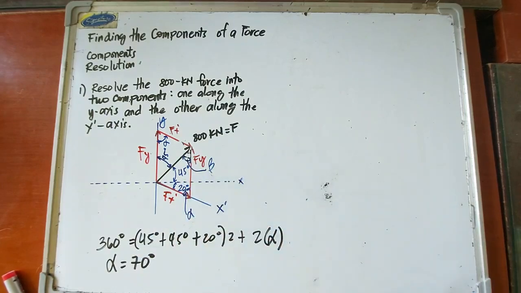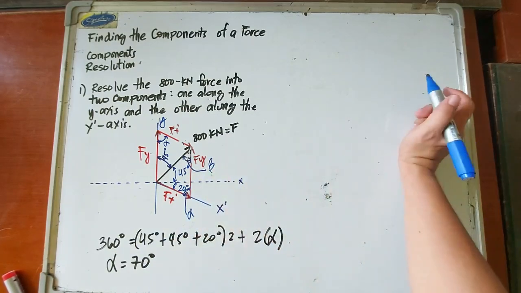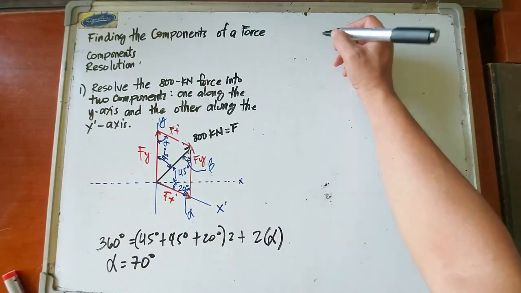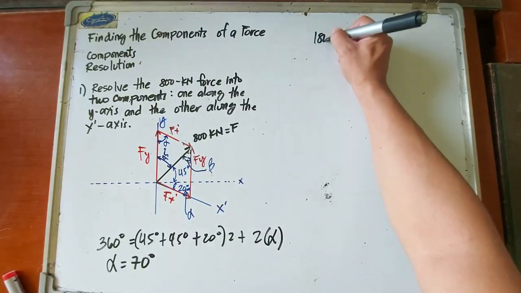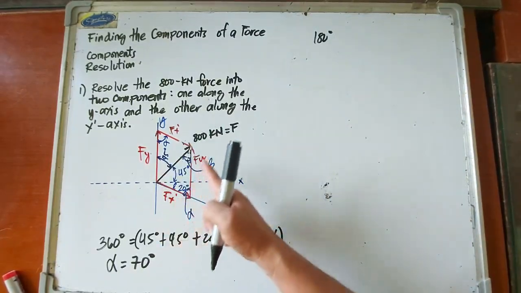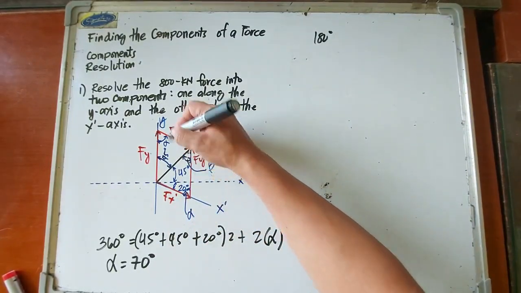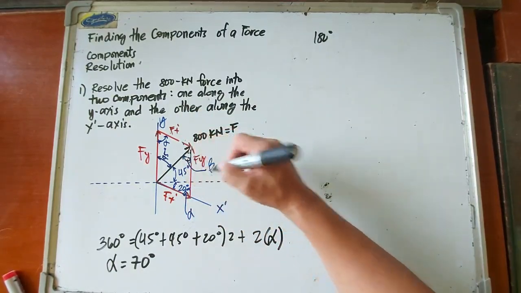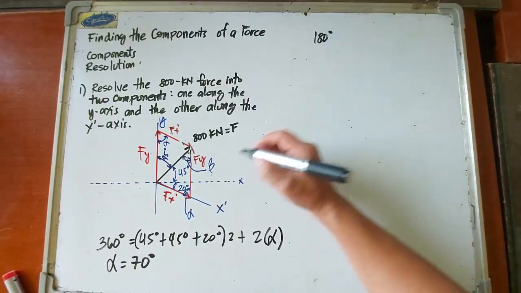So we can solve for the angle beta, okay, knowing that the total interior angle of a triangle is 180. Review natin yung solid mensuration. That is 180 degrees. Yung isang triangle lang, since we can isolate either of the two triangles, parehas lang yan. Ito na lang yung baba. Isolate natin or i-analyze natin.